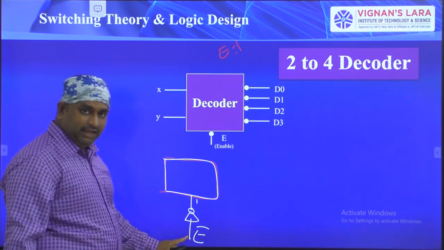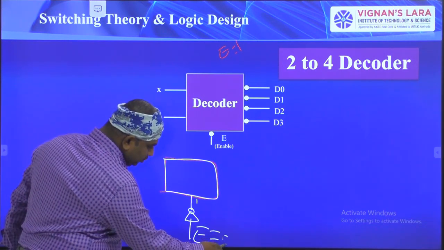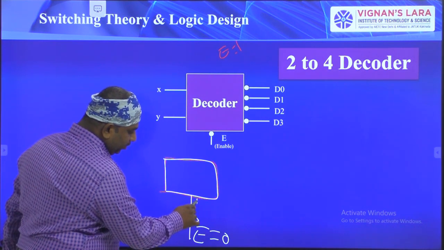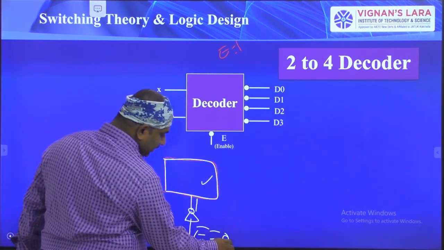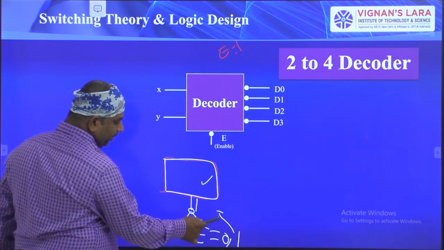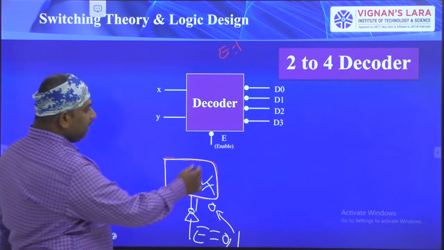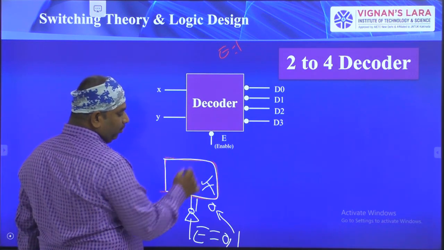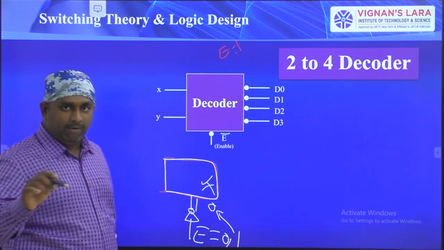When you give E is equal to 0, this 0 is converted to 1 and the kit goes to the working situation. If you give E is equal to 1, this 1 is converted to 0 and the kit goes to the off situation. So here you are giving an active low enable signal. This is called E bar.